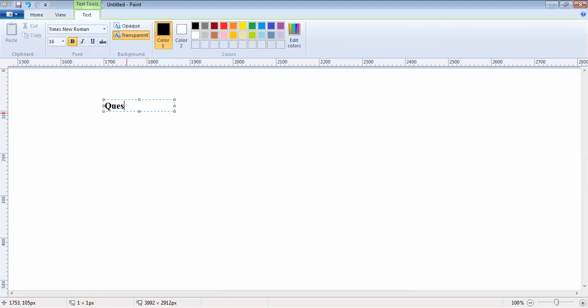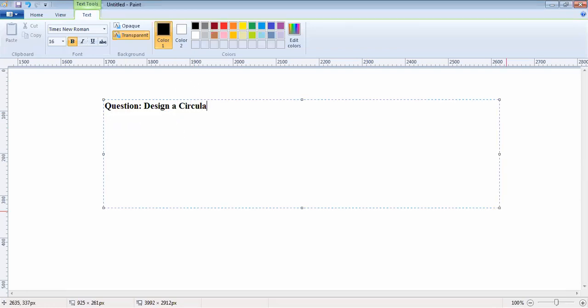Now, the question is the same, that you have to design, but this time around it's a circular column for a load of 2000 kilonewton. This is dead load plus live load.